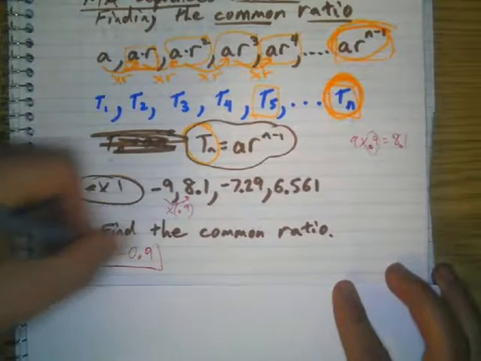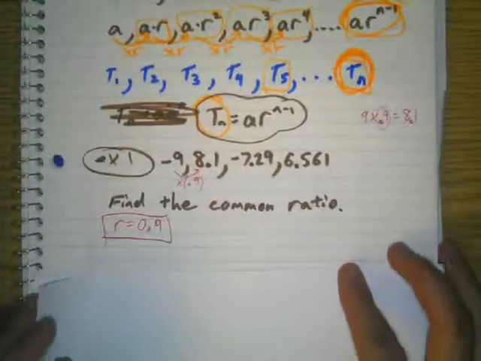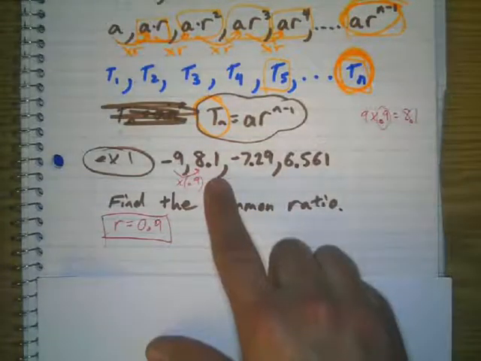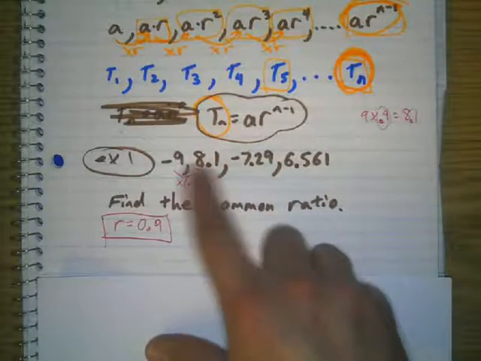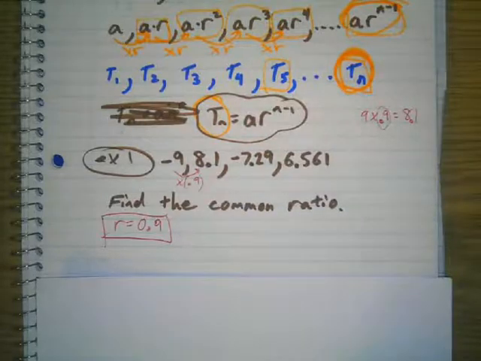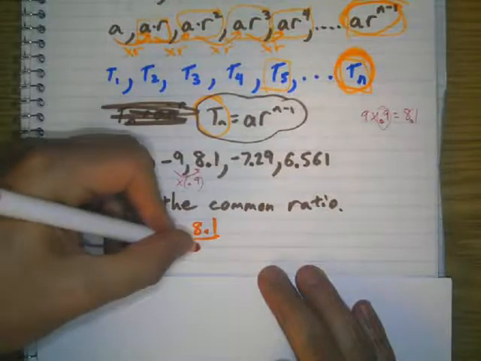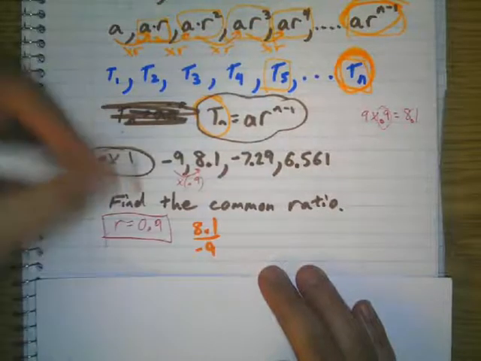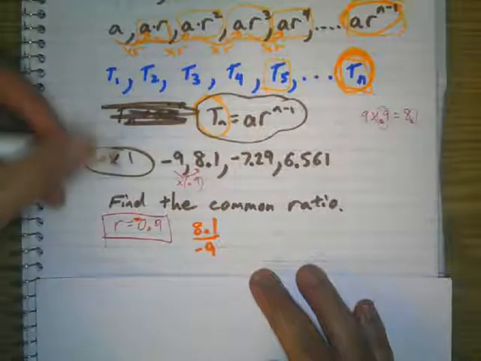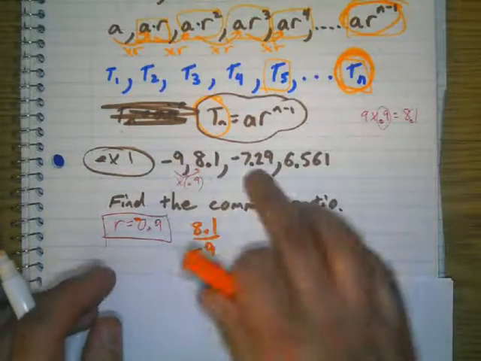Now, on the previous notes, what we did was we said, okay, we could take the second one and divide it by the first. So what happens if I do 0.81 divided by -9? Oops, sorry, that's supposed to be negative, isn't it? Because it alternates signs. Negative, positive, right?